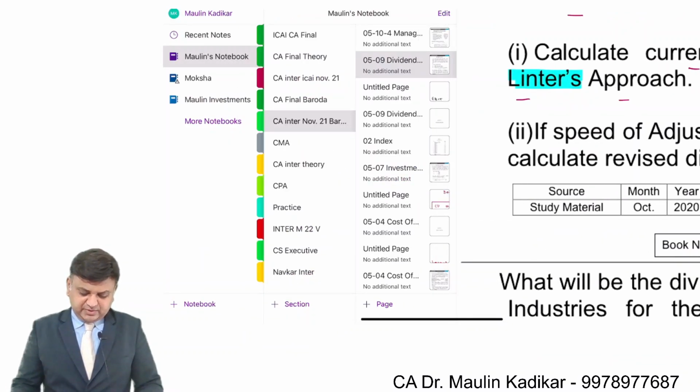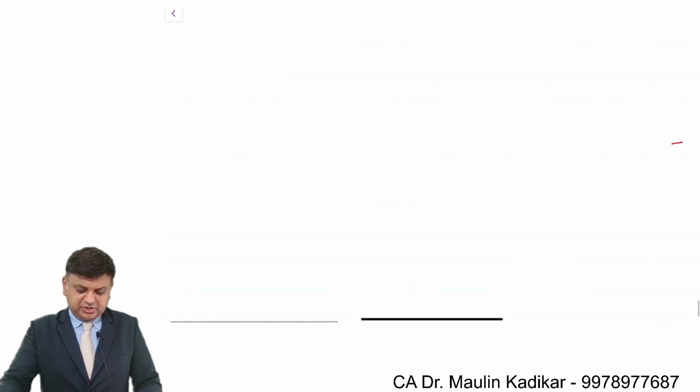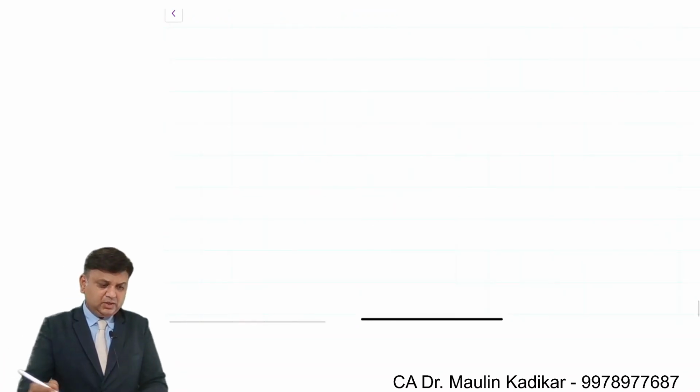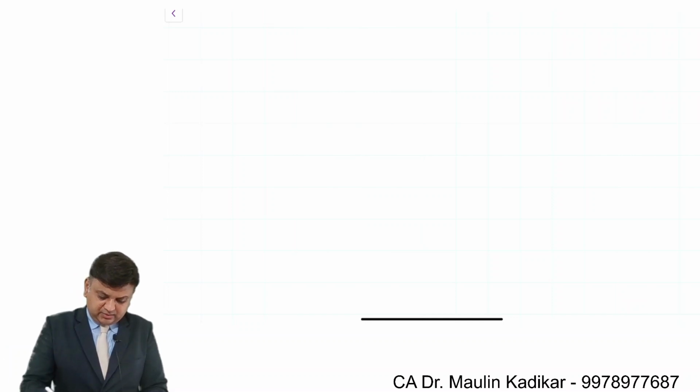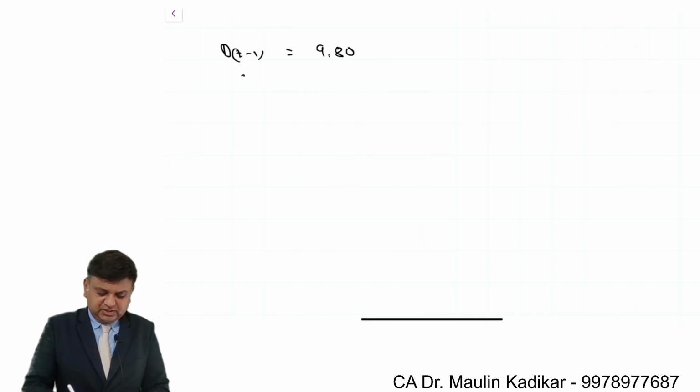So from this information, we are required to compute the dividend per share using the Lintner model. So friends, over here, the last year dividend, that is called DT minus 1, is 9.8. There is a new information, dividend adjustment rate, 45%. Then target payout ratio, 1 minus B, 60%.